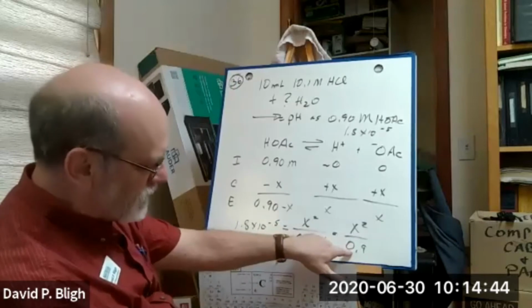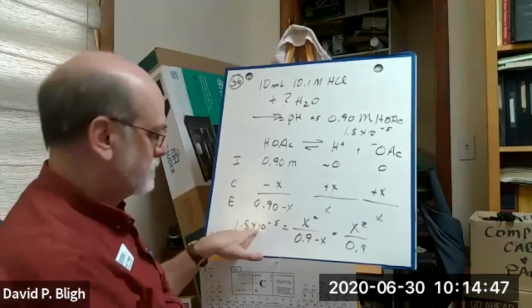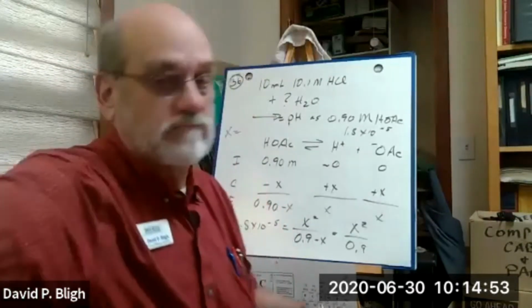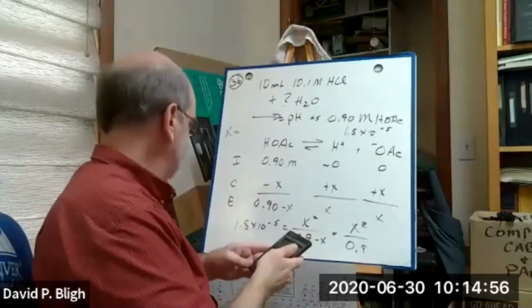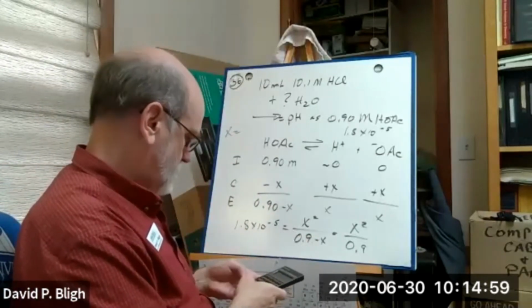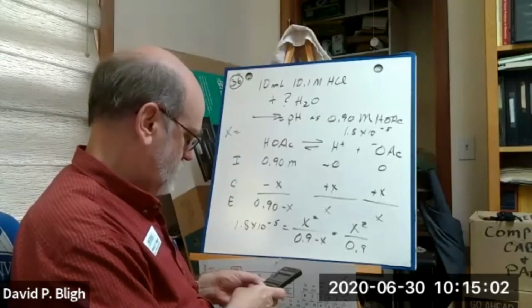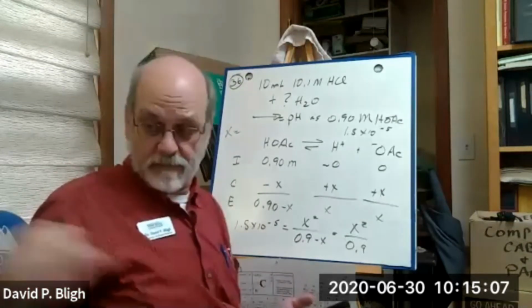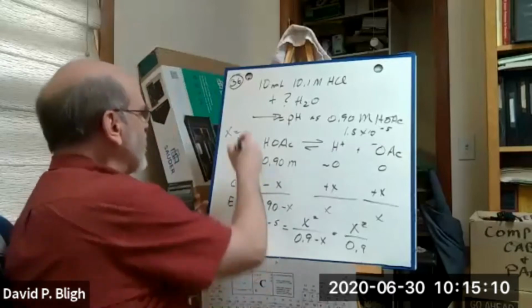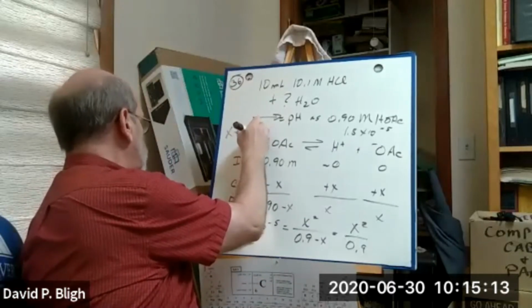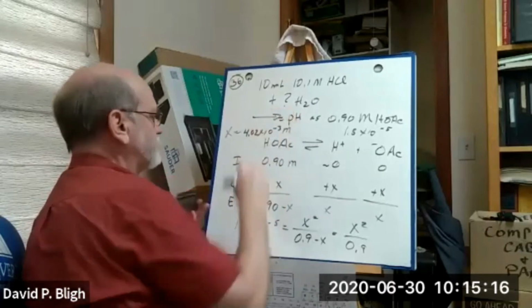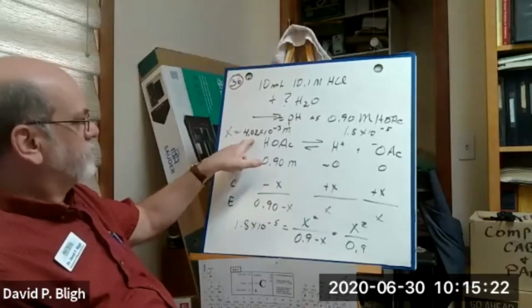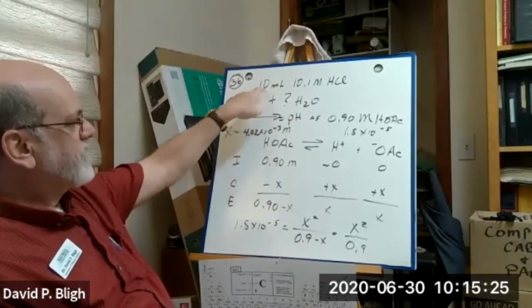So we need to multiply that times this and take the square root of it to find out what X is. And then take the square root. There we go. So X is 4.02 times 10 to the minus 3 molar. All right. So that's our target. We want this concentration for that solution.